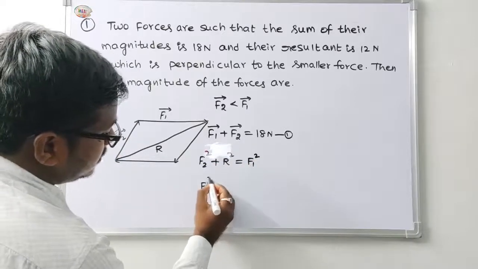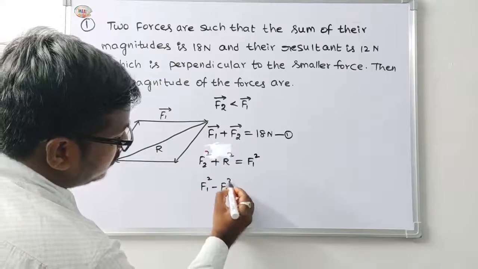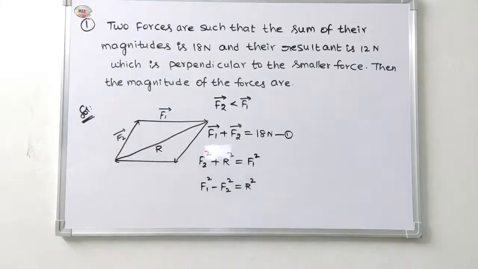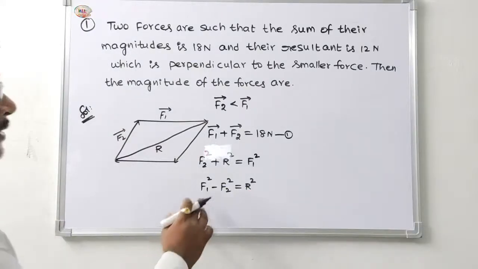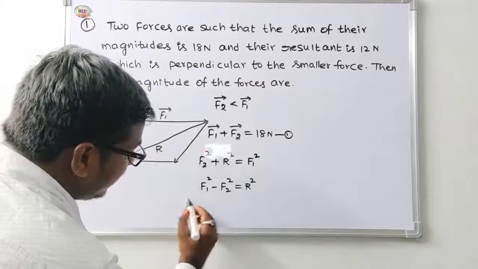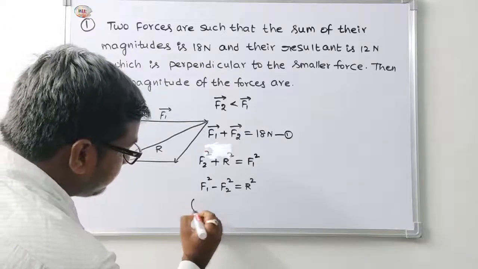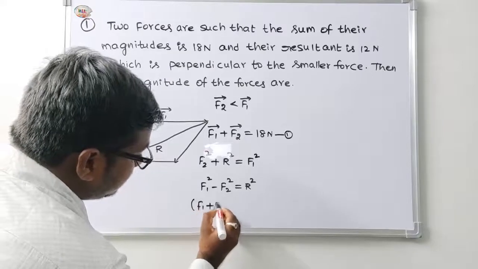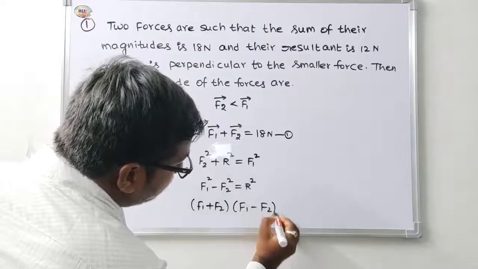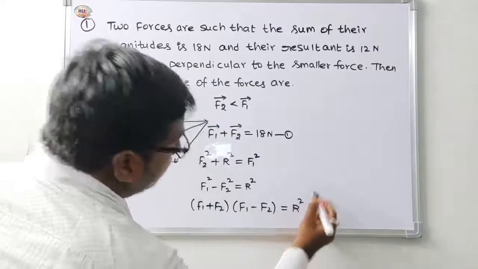Okay, F1 square minus F2 square is equal to R square. The A square minus B square formula: A plus B into A minus B. So F1 plus F2 into F1 minus F2 is equal to R square.